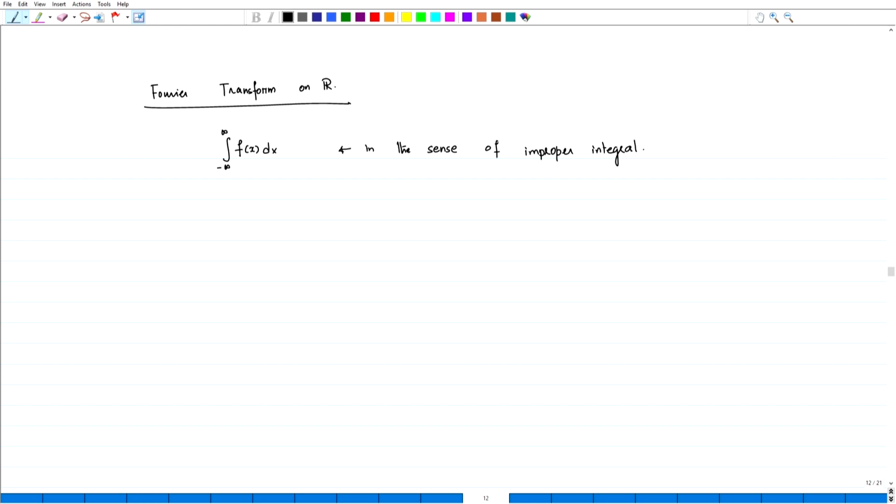And here there is a little departure from what we originally discussed on a bounded interval.